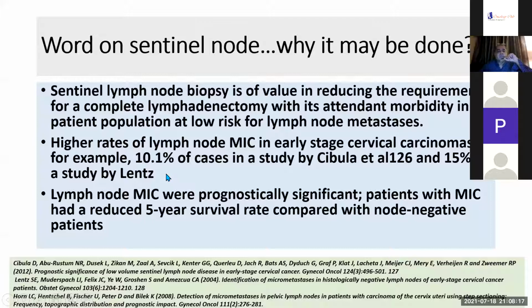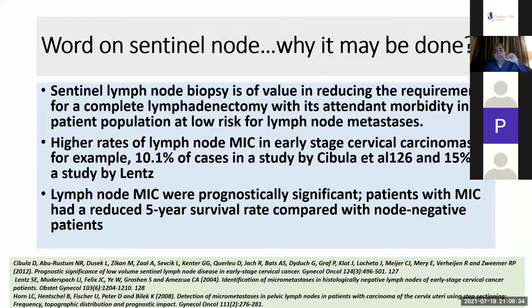A little bit of a word on sentinel lymph node, why it may be done. A sentinel lymph node biopsy is of value in reducing the requirement for complete lymphadenectomy. If you do a complete lymphadenectomy in the pelvis, the morbidity of the surgery increases.